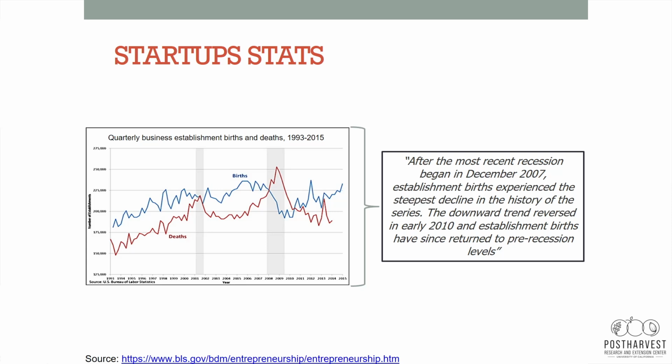The downward trend reversed in early 2010, and establishment births have since returned to pre-recession levels, and they're going even higher. So as end users of technology, you're receiving the pressure where these startup companies, of which some are legitimate and some are not, are offering technological products that seem to make your world a much better place.